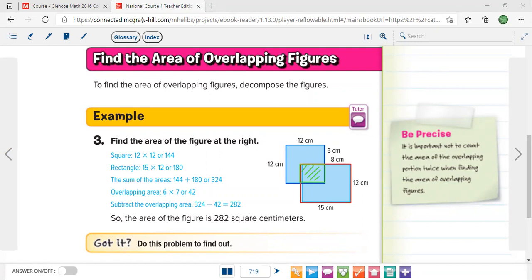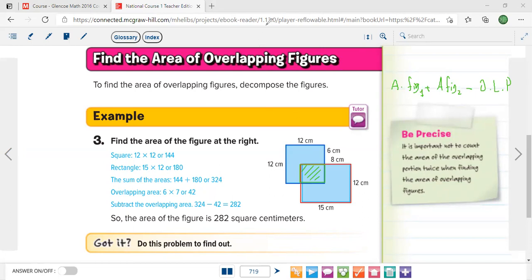Area of figure 1 plus area of figure 2 minus the overlapping part.